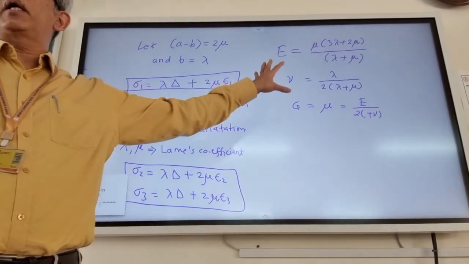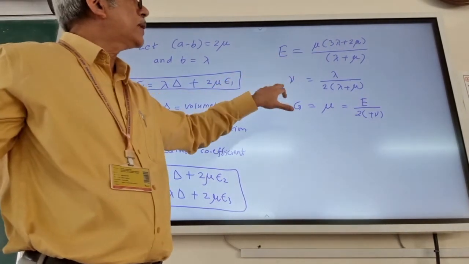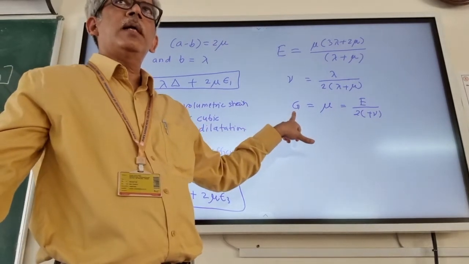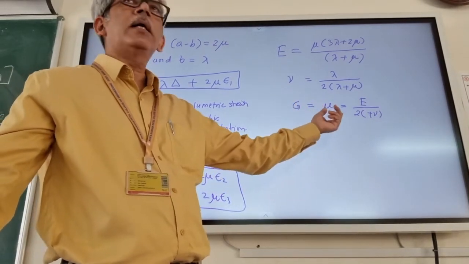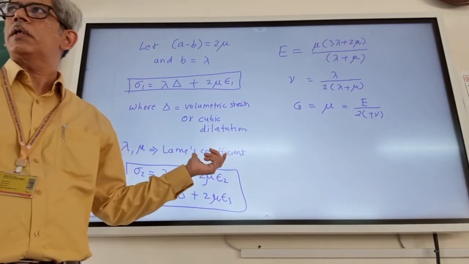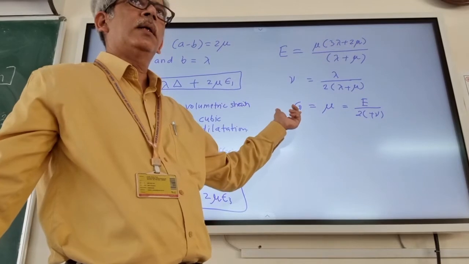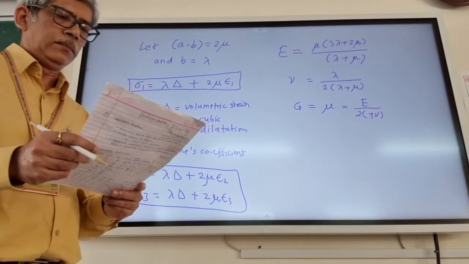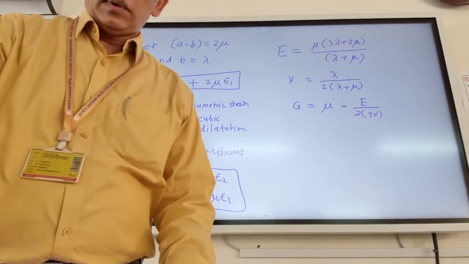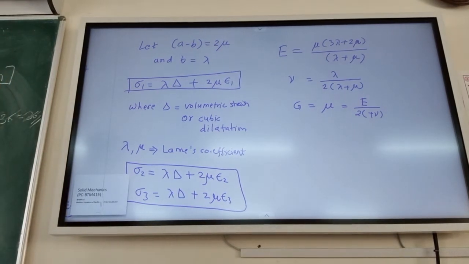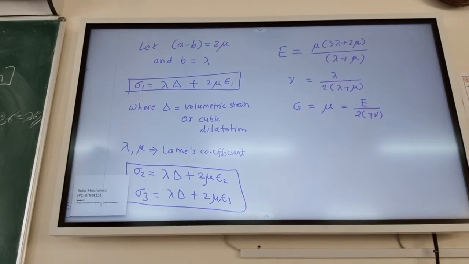The three known material properties are the modulus of elasticity, the Poisson's ratio, and the modulus of rigidity. In fact, the modulus of rigidity is identical to the constant mu, that is, Lamè's constant mu is nothing but the modulus of rigidity. So that is the topic that concludes the constitutive equations.